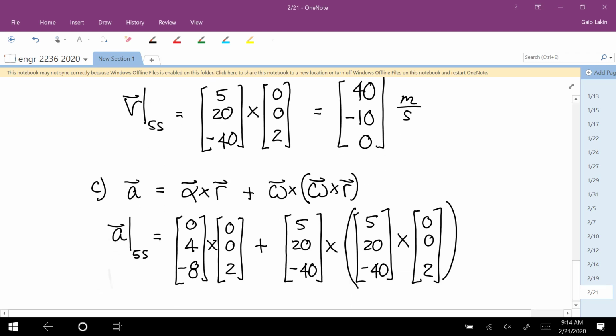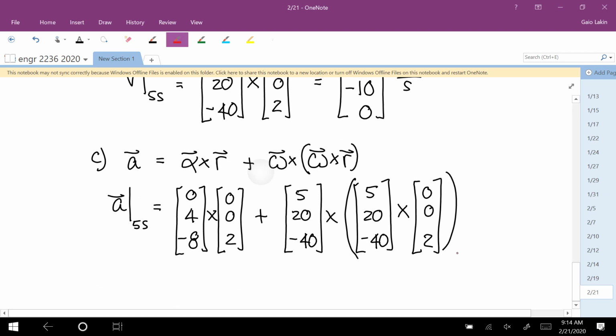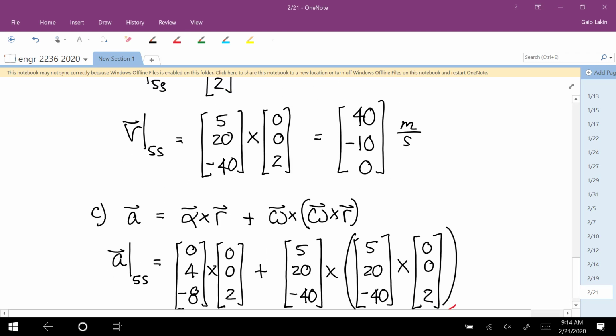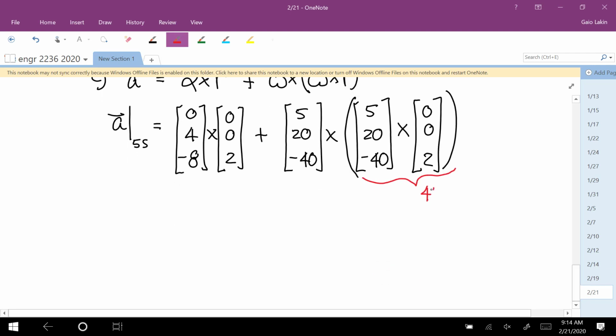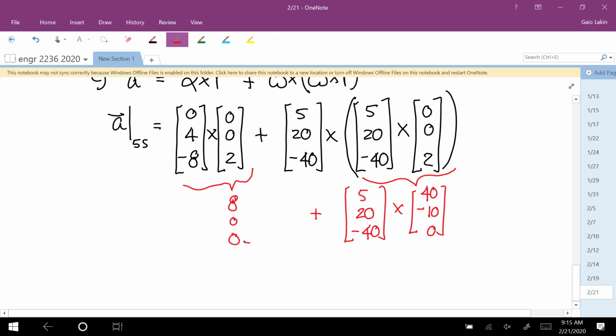The stuff in the parentheses we just did in part B, so this comes out to be 40, negative 10, 0. And we're going to cross that with 5, 20, negative 40, and we're still adding that too. So this one comes out to be 8, 0, 0.